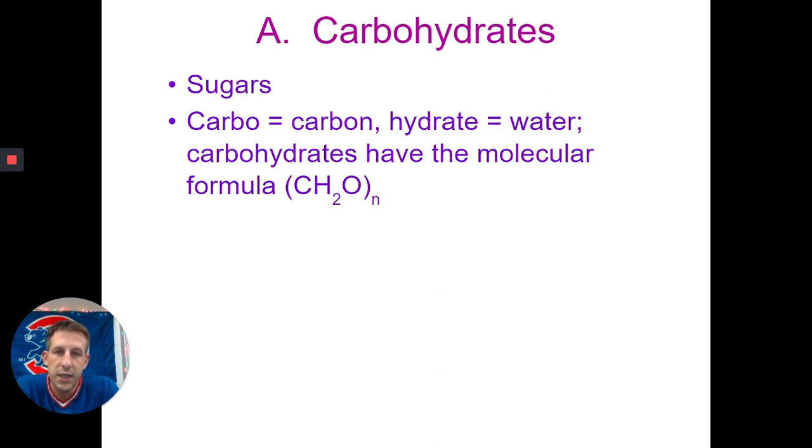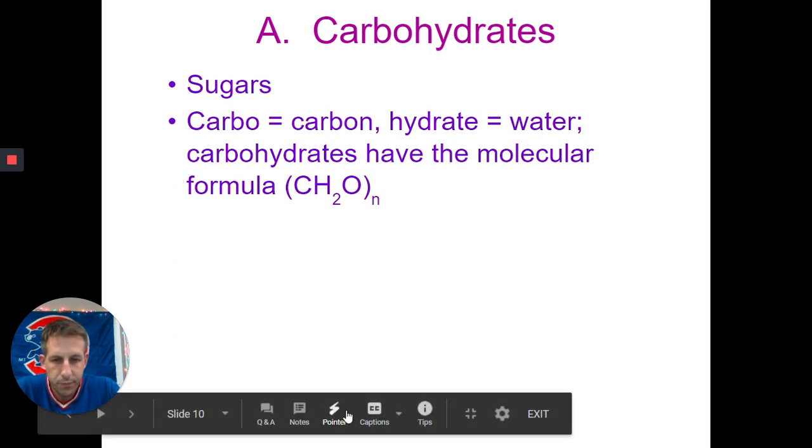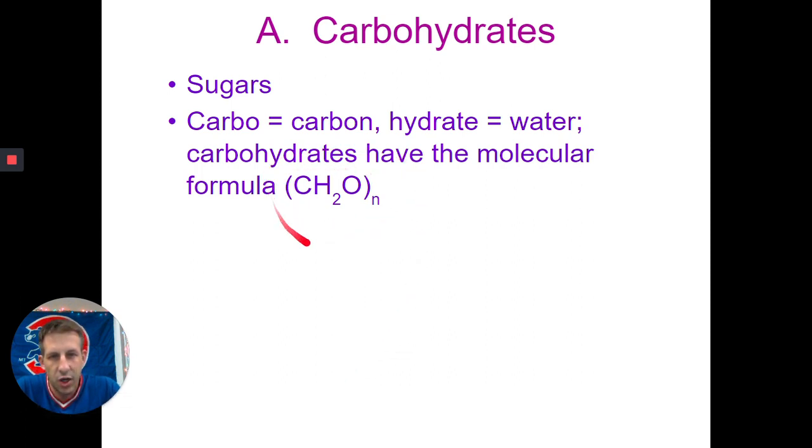The fact that it is called a sugar talks about its namesake, the terms carbo and hydrate, meaning carbon and water, basically give you a really good understanding of its generic molecular formula. Anytime we see any type of molecule that has C, H, and O in this ratio like we see here, we can think of it as being a carbohydrate.